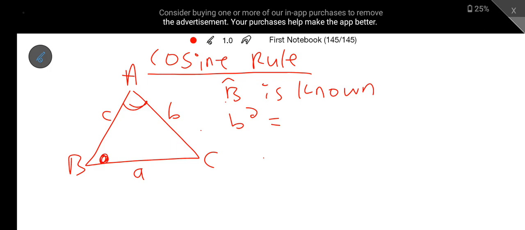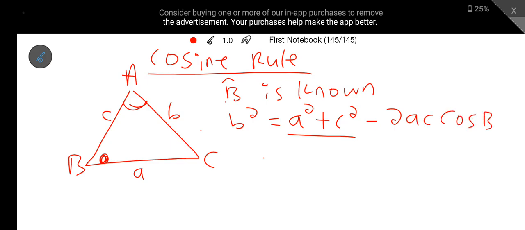Well, it's A and C. Therefore, you're going to add A squared and C squared. And this will be A squared plus C squared minus 2. Remember I said if here it's AC, even here we're going to have times AC. Then multiply by the cosine of the angle which is known. That is angle B. So make sure you understand this.